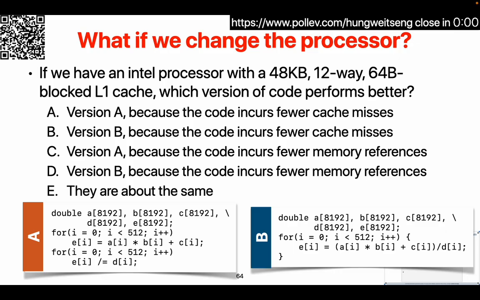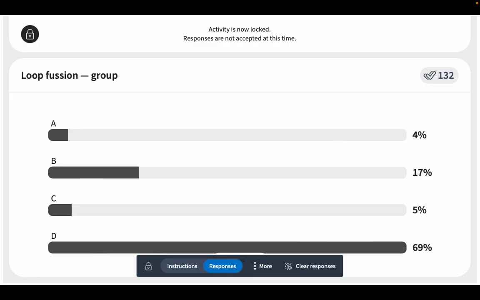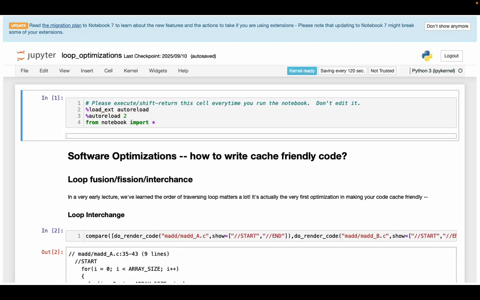All right, let's take a look. After discussion, more of you think the answer is D now. So again, we want to see the demo, so let's try to run this on an Intel processor.